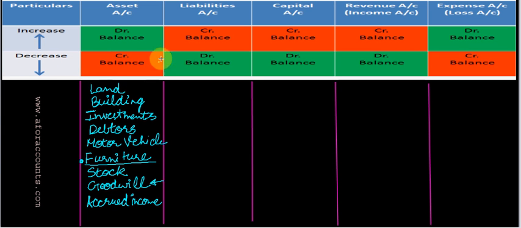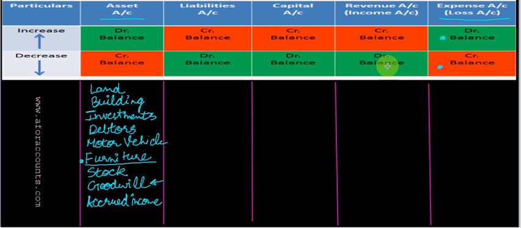Okay, now let's talk about the expenses, which follow the same rule as assets. When the expenses or the losses increase, you have to debit them, and when the expenses or the losses decrease, you have to credit them.